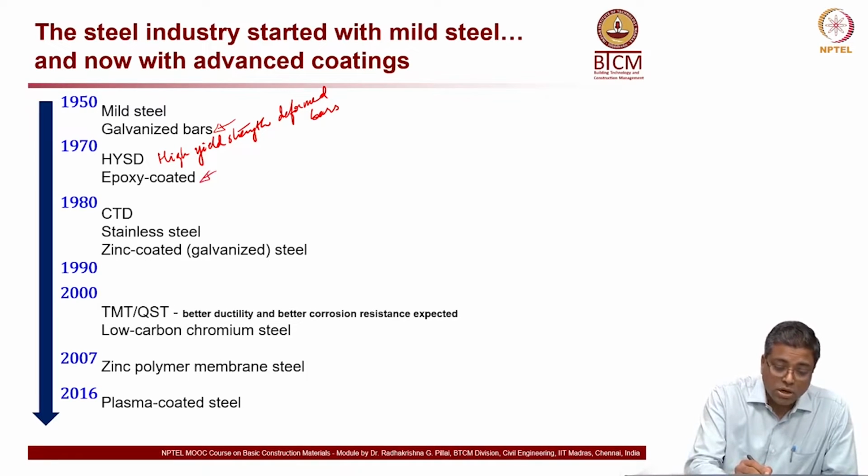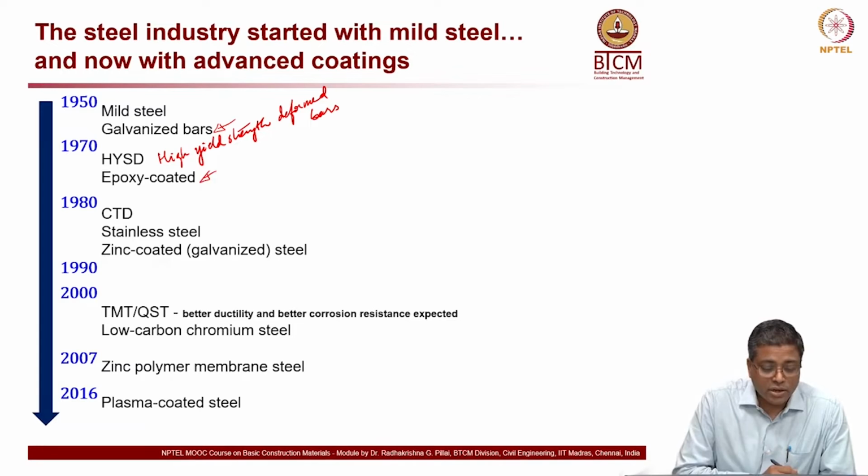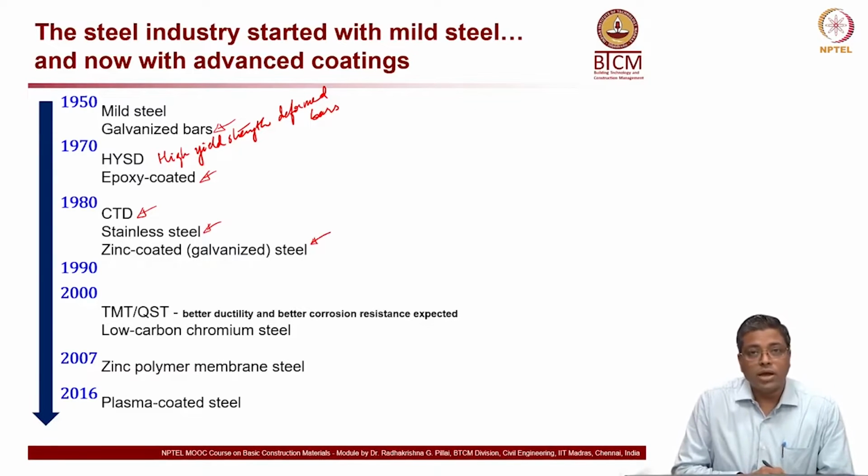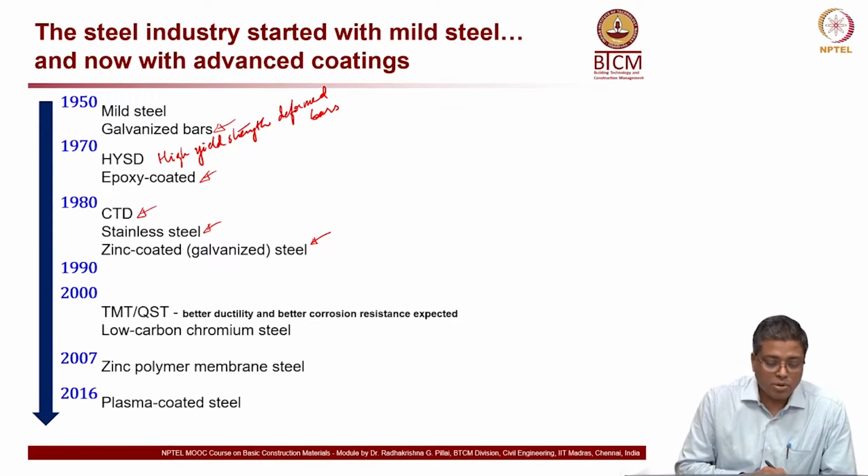Then epoxy coated rebars were introduced in the 1970s, and in the 80s we started seeing cold twisted deformed rebars, then stainless steel, then again galvanized or zinc coated steel came into the market.